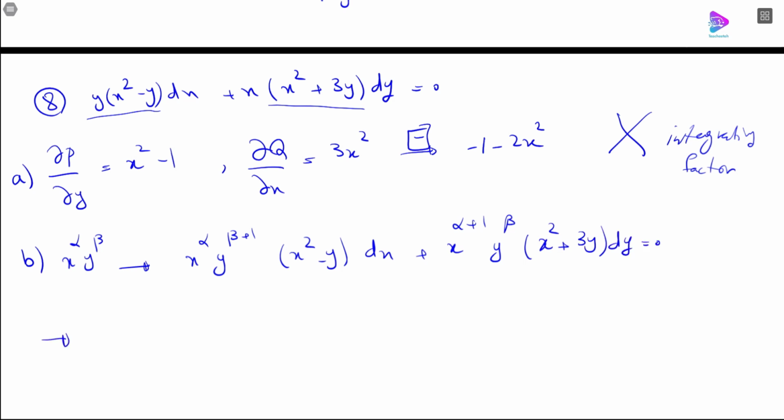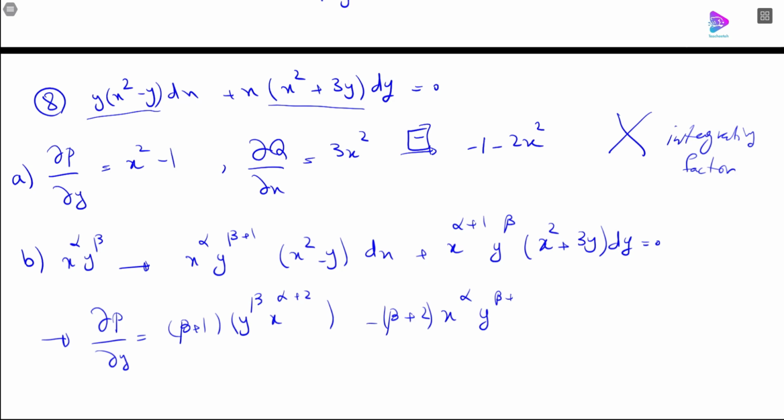And then from here we're going to solve for alpha and beta. So dp over dy is equal to beta plus 1 y beta x alpha plus 2 minus beta plus 2 x alpha y beta plus 1.